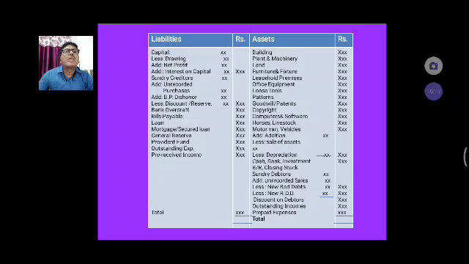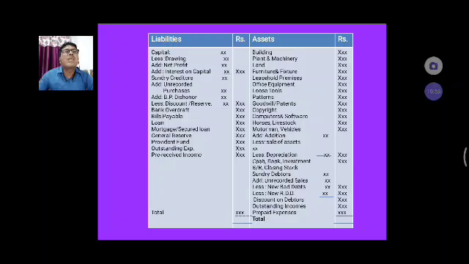Then second item, sundry creditors, add unrecorded purchases, add bills payable which are honored, and less discount or reserves. Then bank overdraft, bills payable, loan, mortgage, secured loan, general reserve, provident fund, outstanding expenses, pre-received income. These are the items of the liability side.